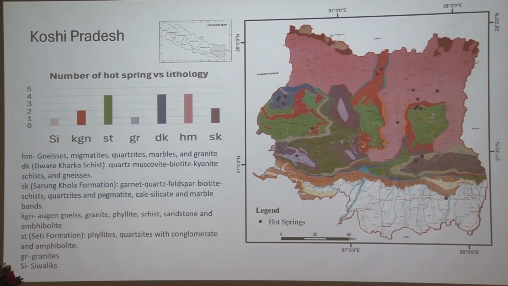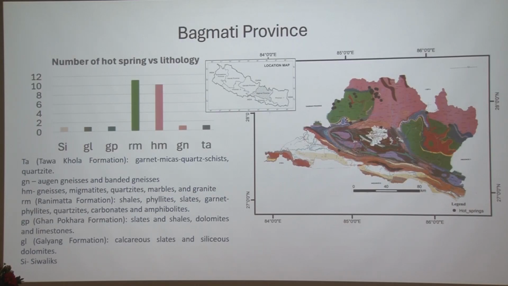Likewise, next, in the Bagmati region, there are also hot springs in the Higher Himalaya, and also reported from the Kathmandu Nappe structure. To the south there is one from the Sub-Himalayan range, and there are several hot springs located within the allochthonous area.